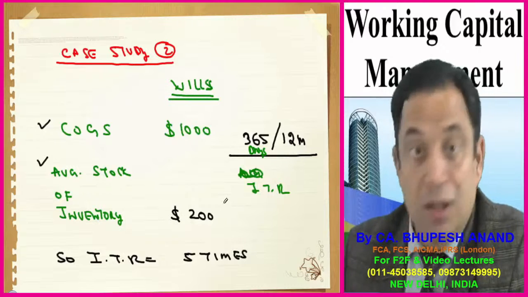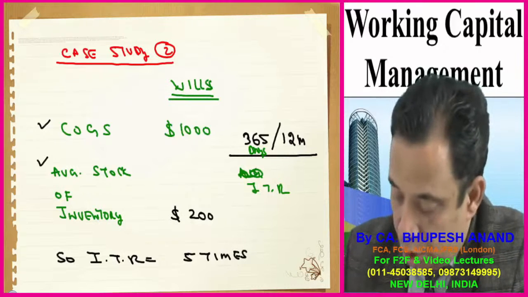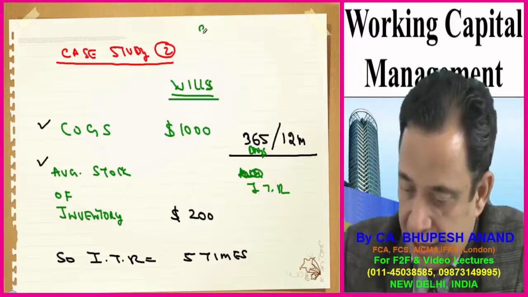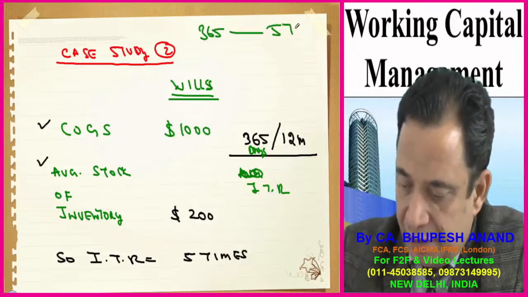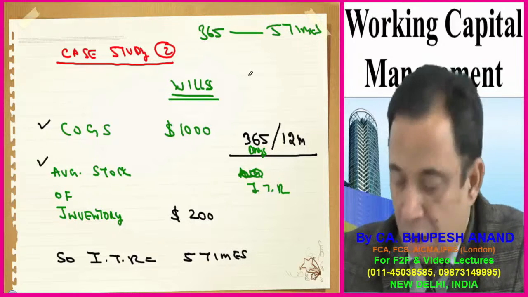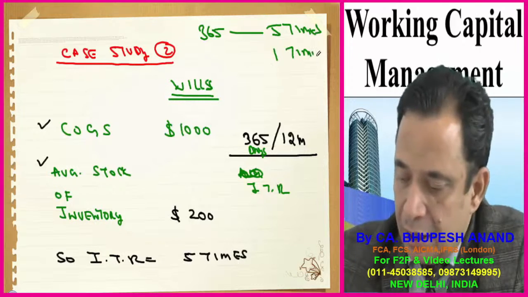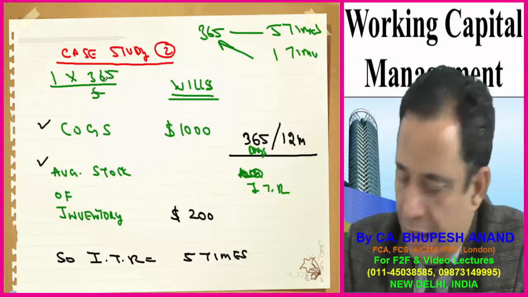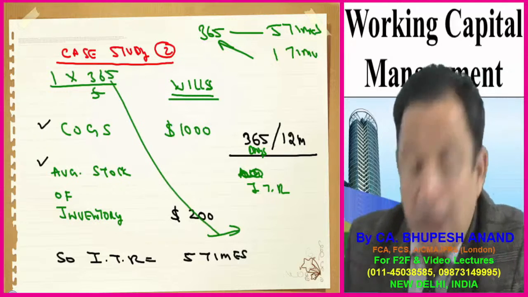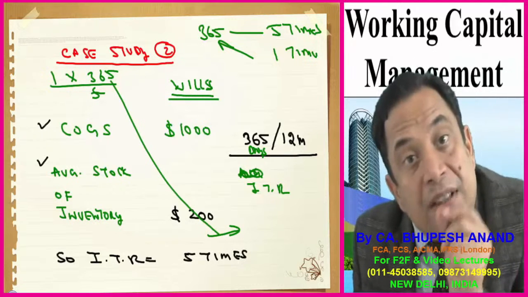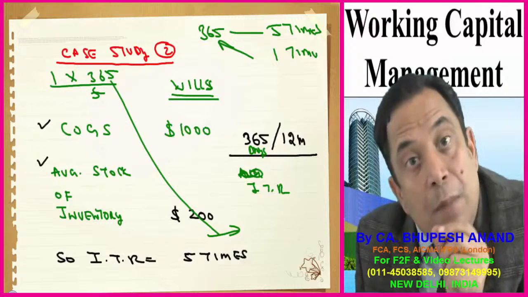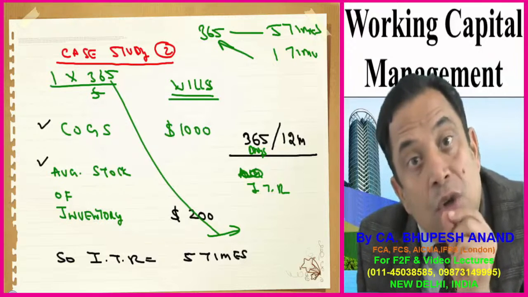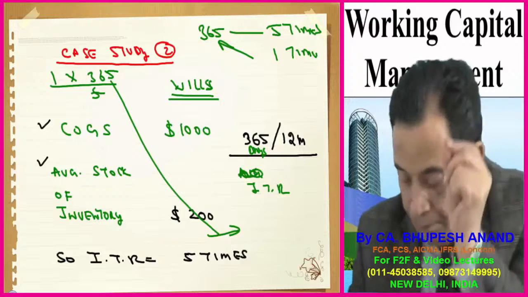But there is no need to learn the formula, because I have told you the logic. That if in 365 days 5 times the inventory turns, then what is the period for one time? That comes to 1 into 365 upon 5. And this is the formula. 365 days or 12 months divided by inventory turnover ratio will be average processing time.